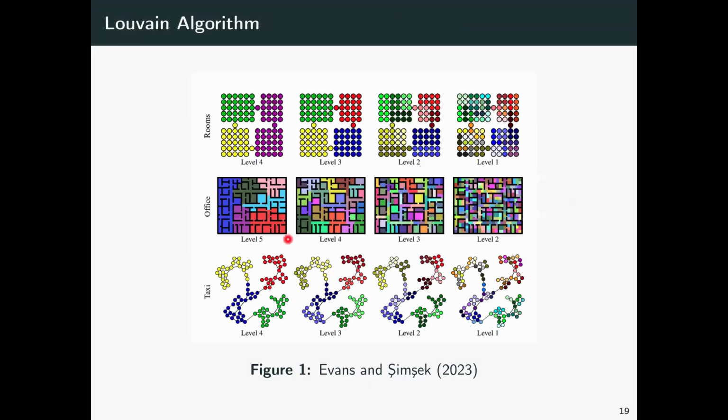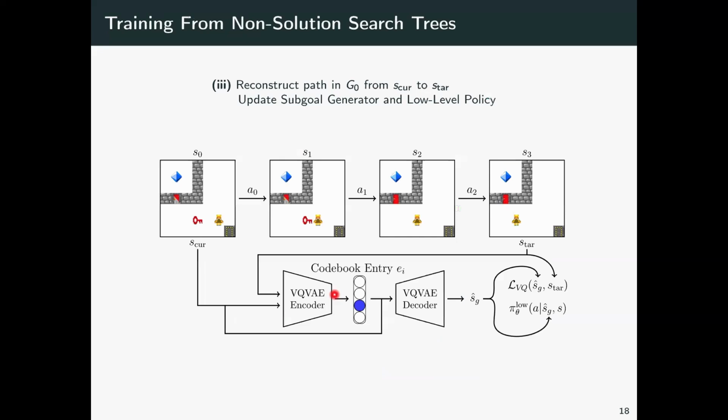Because the algorithm is learning these clusters based on connectivity, in this example you would imagine there are clusters of states inside the room and clusters of states outside the room, because the only edge that can get me between these two clusters is walking through this door. So when I sample a state from a cluster within the room and a state from a cluster outside the room, the resulting path is me walking in and out of the room.